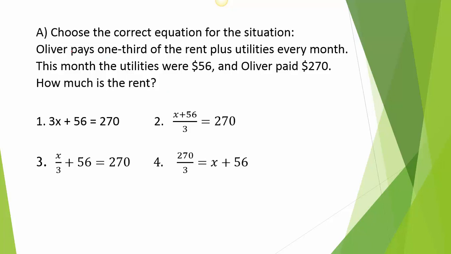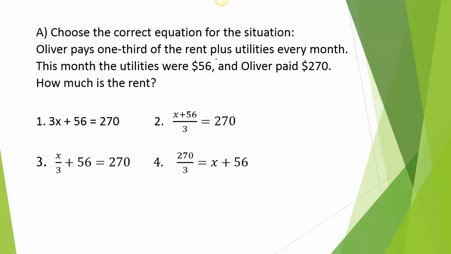So then if I go back up to this very first statement, it gives me a statement that doesn't actually have an equals in it, but it does make a statement. It says Oliver pays 1/3 of the rent plus utilities. Now 1/3 of means multiply by 1/3. So I'm going to take 1/3 times X.